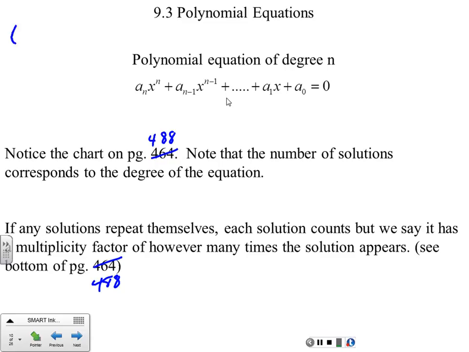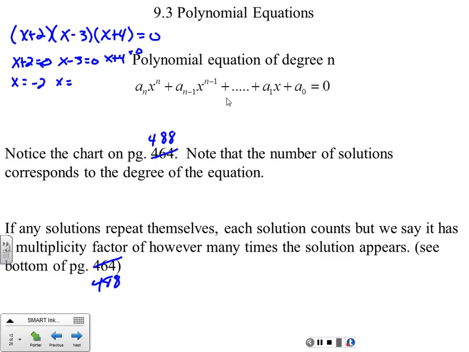In other words, if I had this and I asked you to solve, what would you do? So here x would be this, and that's our goal. That is our complete and total goal. Okay?